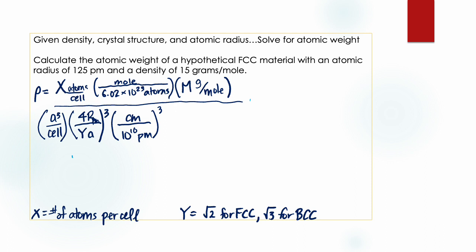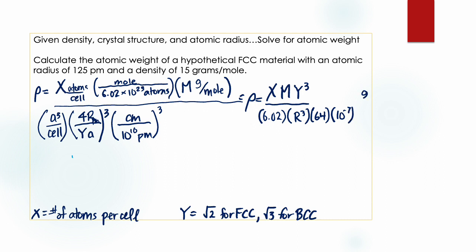Okay. I'm going to keep with this. So that's equal to X times M times Y cubed divided by 6.02, R cubed, 64, and 10 to the 23rd minus 10 to the 30th, 10 to the minus 7 in grams per centimeter cubed.